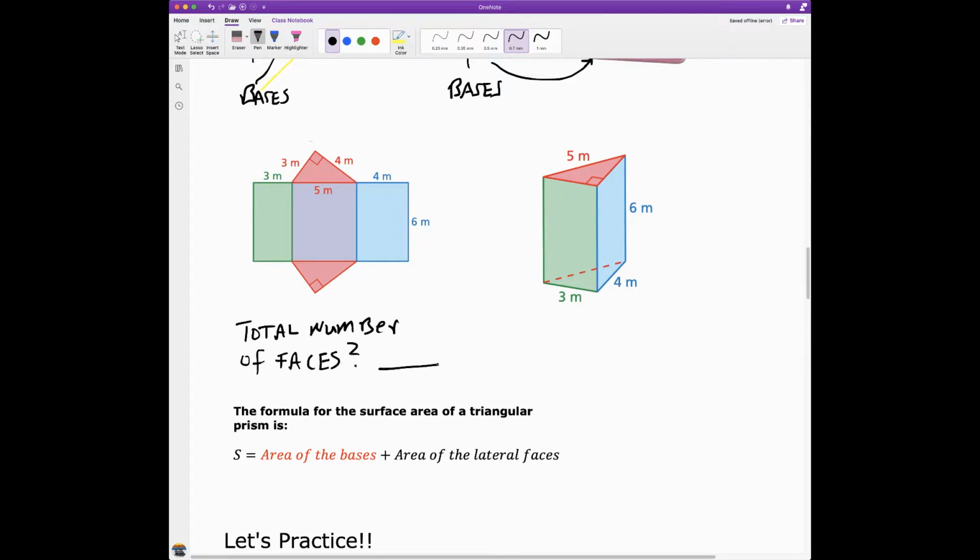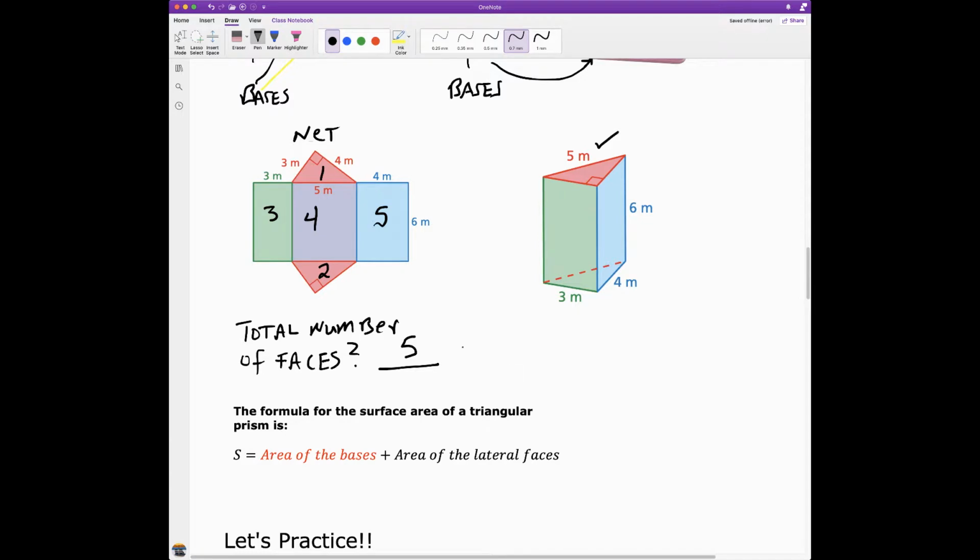What is that? Well, you can count them right here. If I look at the net, so here's a net of this triangular prism. And so I can count them. There's 1, there's 2, there's 3, 4, and 5. So there are always going to be 5 faces in a triangular prism.